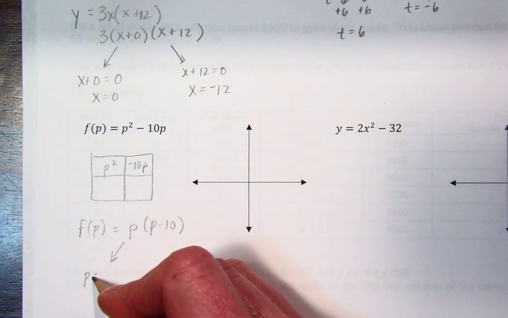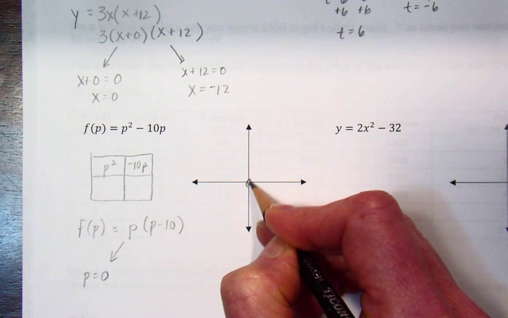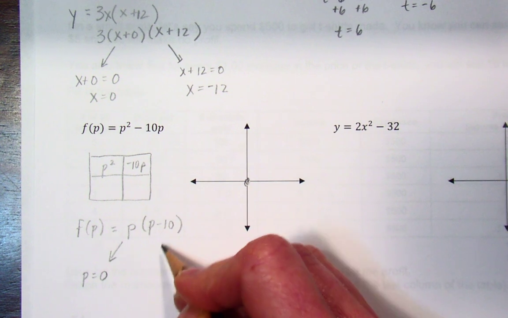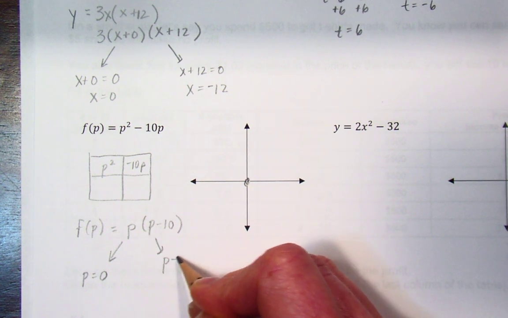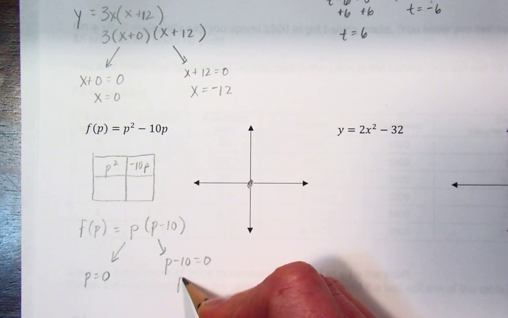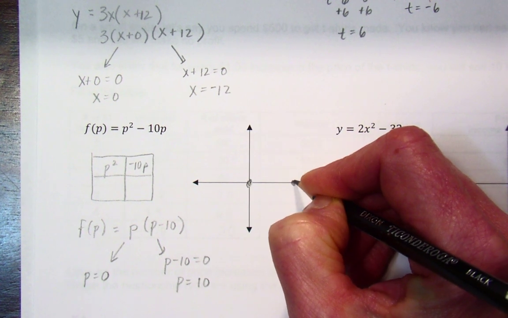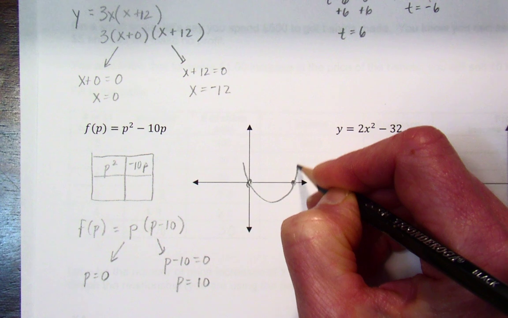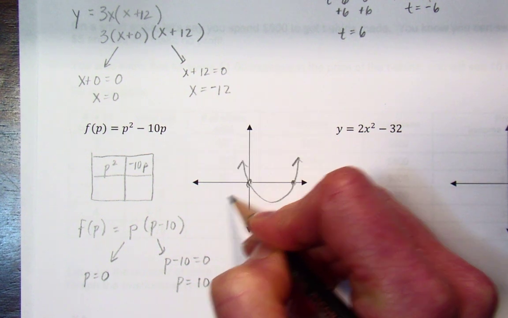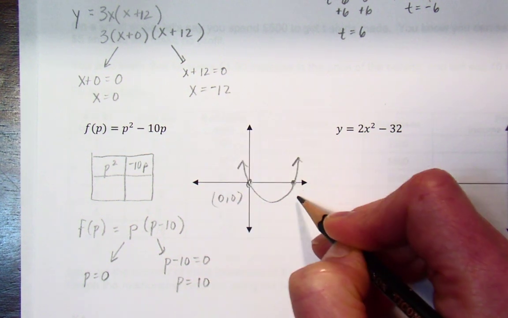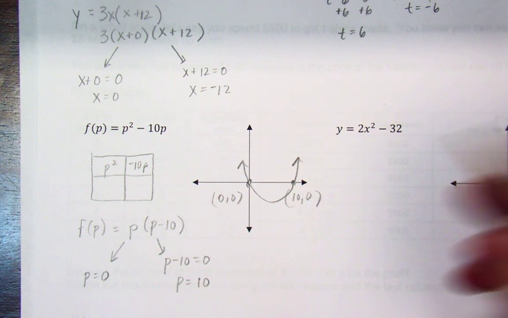Take this factor, set it equal to 0. 0, 0 is one of my intercepts. Take this factor, set it equal to 0. p is equal to 10. This parabola opens up with intercepts at 0, 0 and 10, 0.